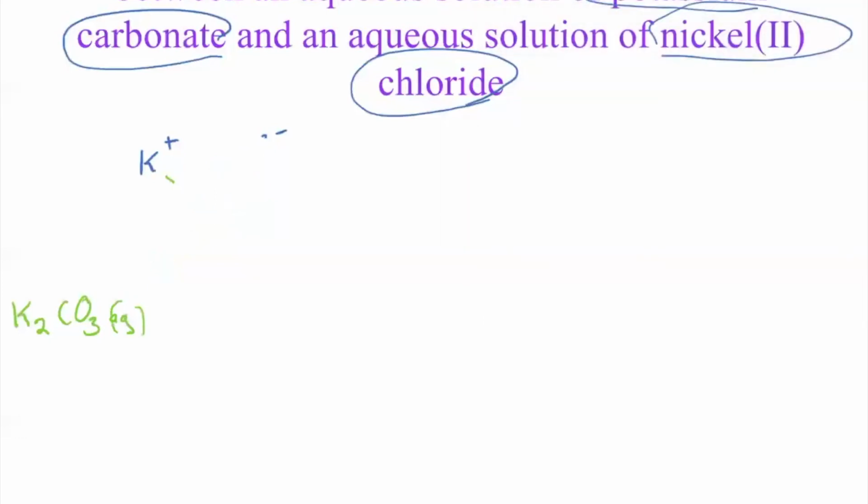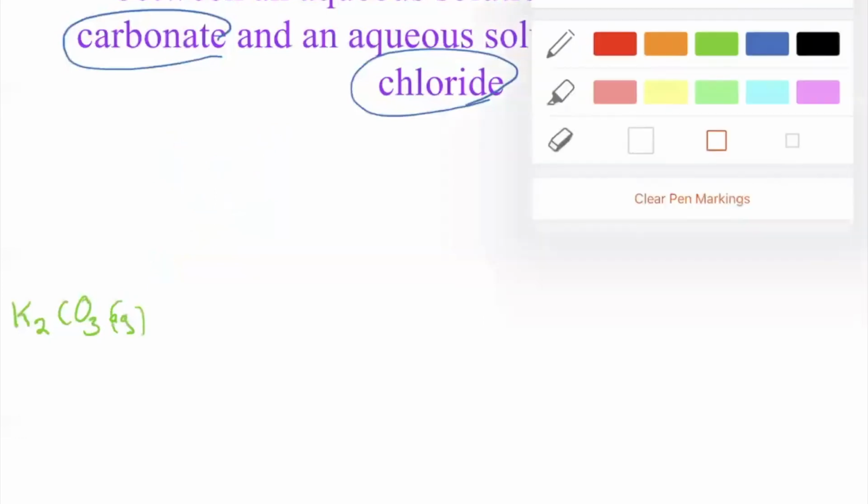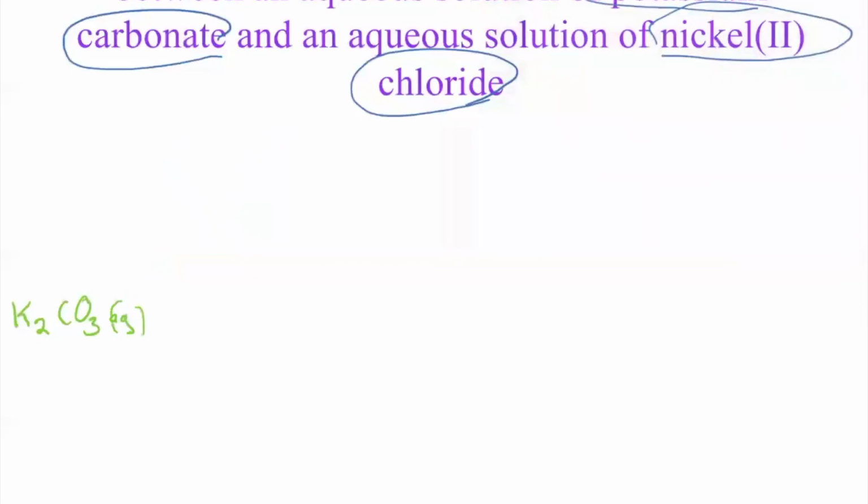It says that you were given nickel(II) chloride. So nickel is Ni 2 plus, chloride is negative. You crisscross, and it looks like you have NiCl2. If you look at the table, you're going to realize that it's aqueous, okay?